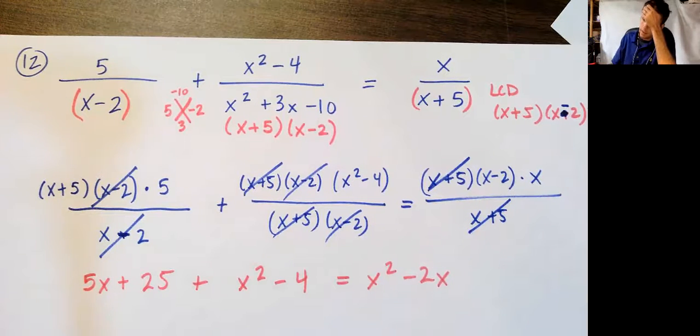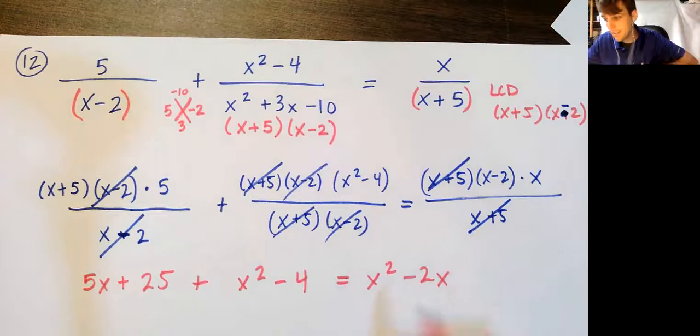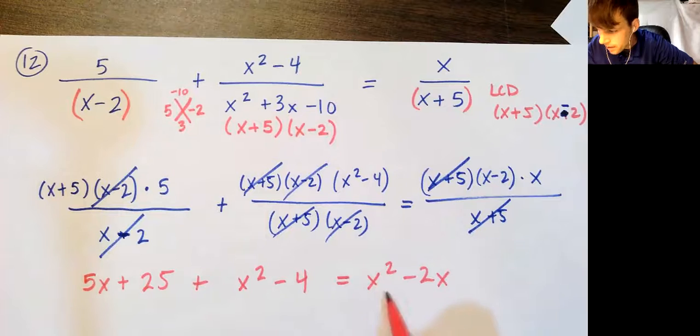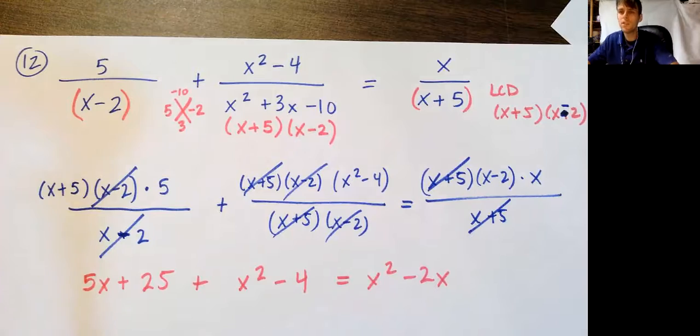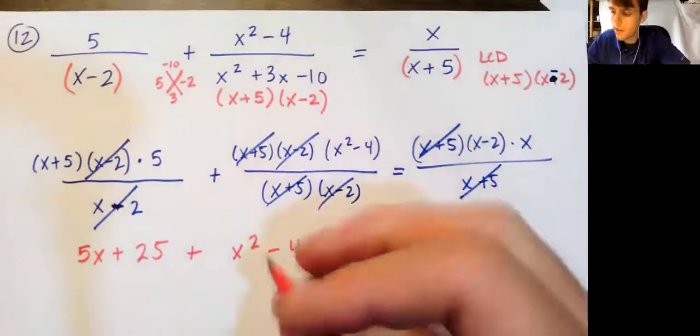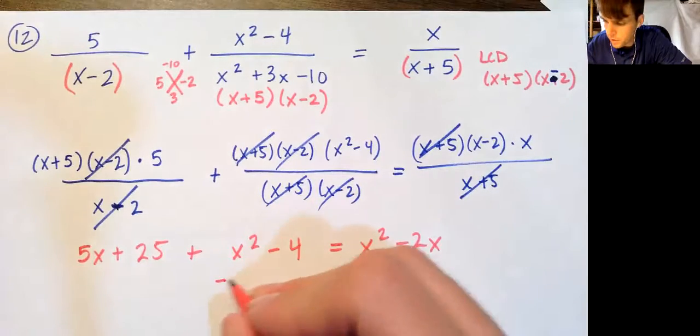All right. Now, let us get everything over to one side. And actually, this seems like it might be similar to the previous ones, but since I have x squared and x squared, if I go to move one of these over, it's going to cancel both of them out. So it's actually a little bit easier once we get to this point versus some of the other ones we did.